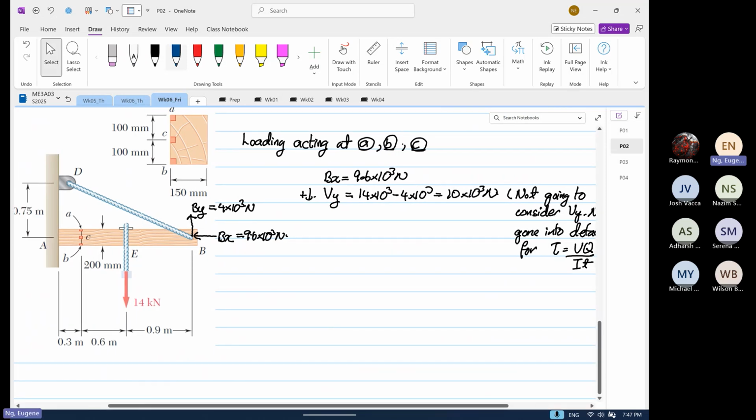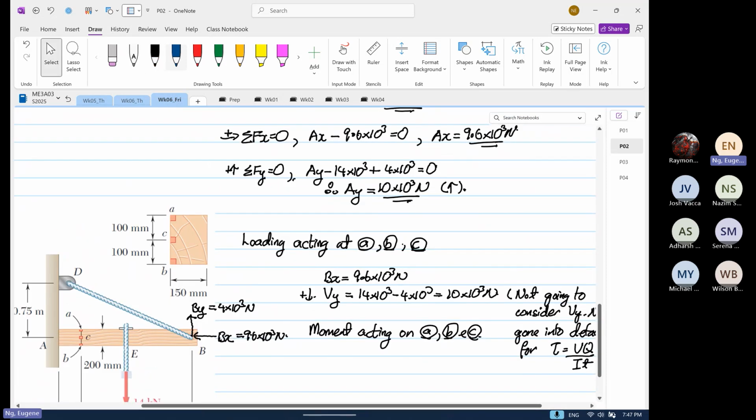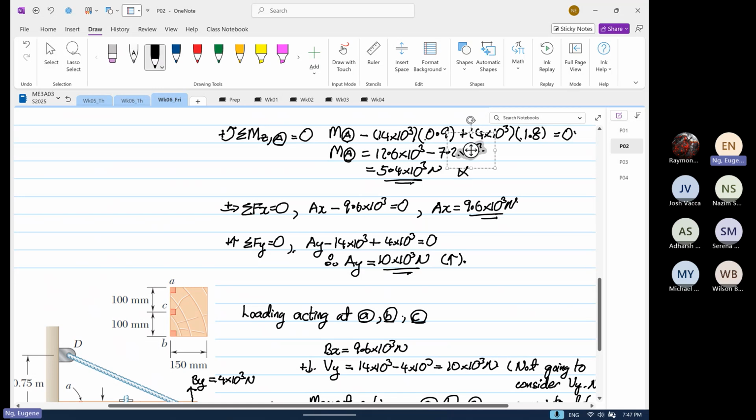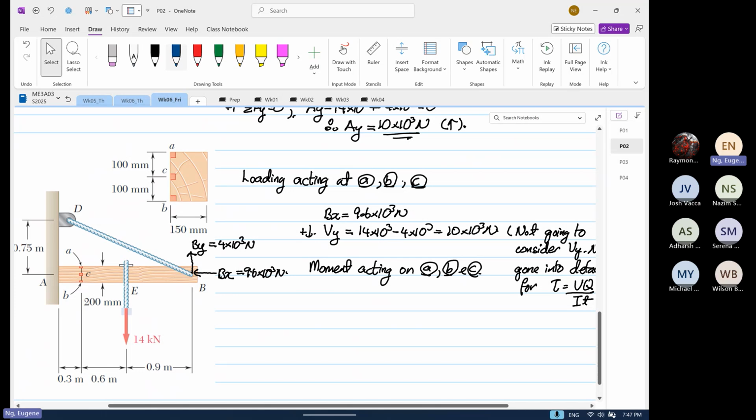So from here, we can also calculate the moment acting on points A, B, and C. Now, the moment acting on A, B, and C is not equal to the moment at A. It is equal to this.